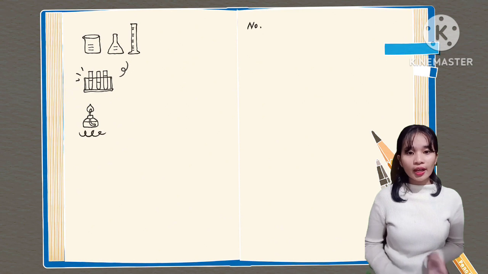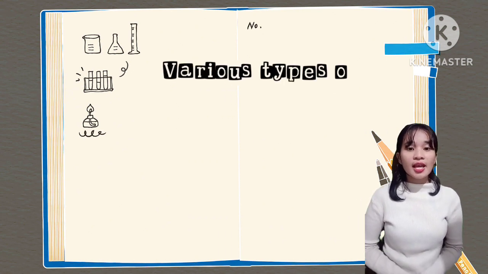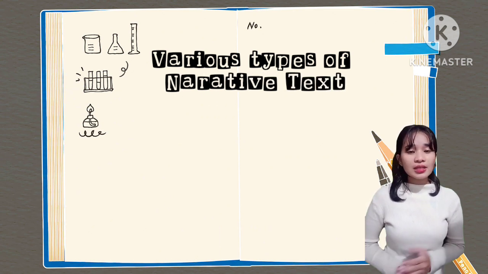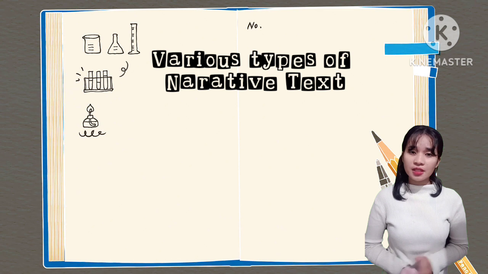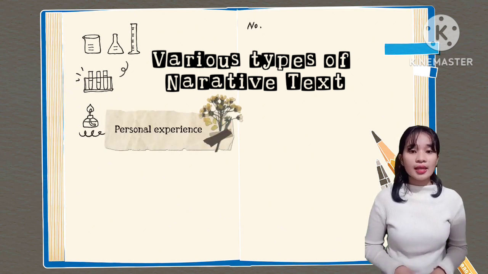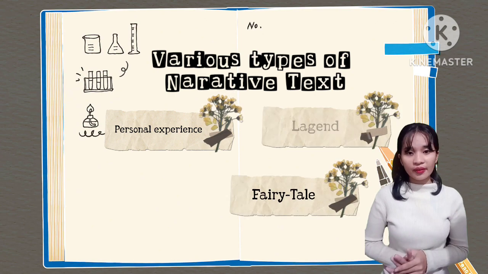Alright, after seeing the generic structure of narrative text, the next thing I'm going to explain is the various types of narrative text. The first is personal experience. The second is fairy tale, legend, and myth.